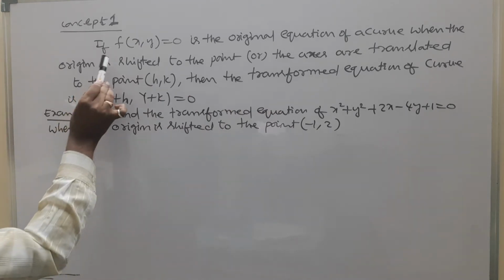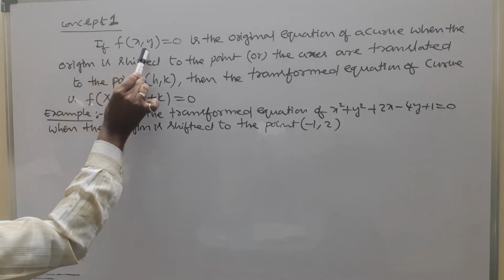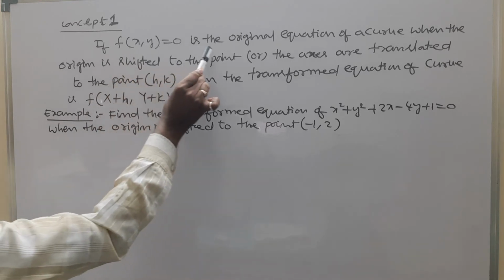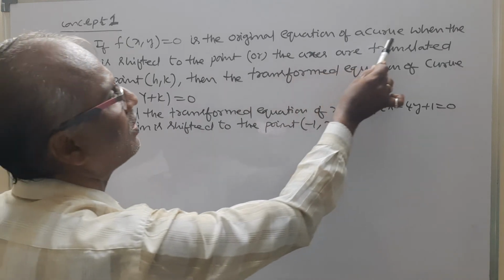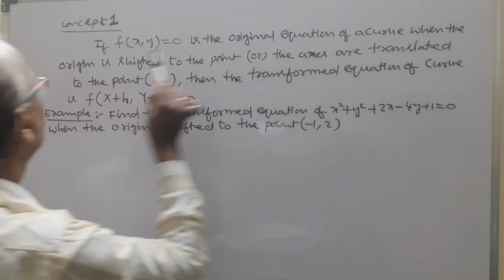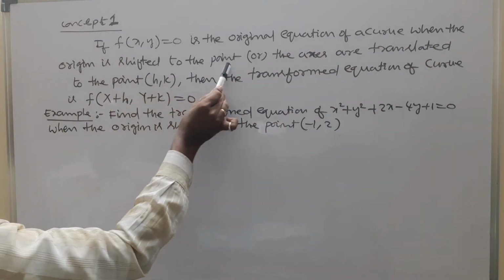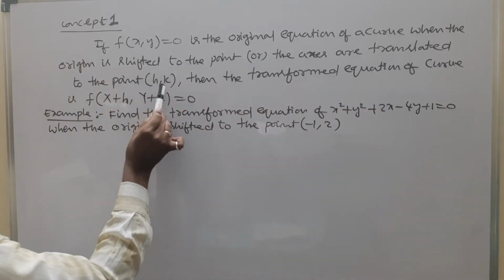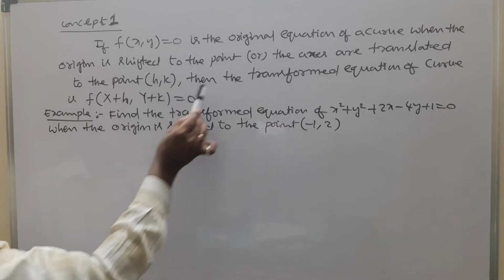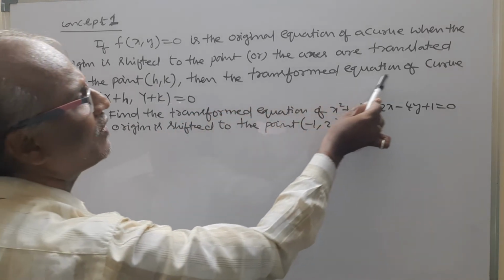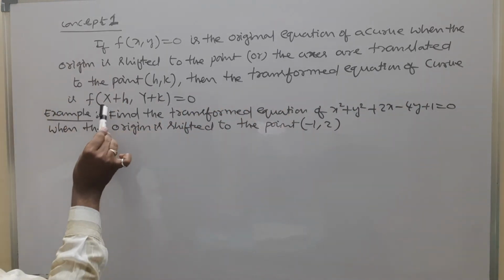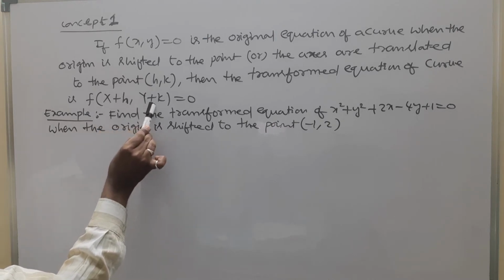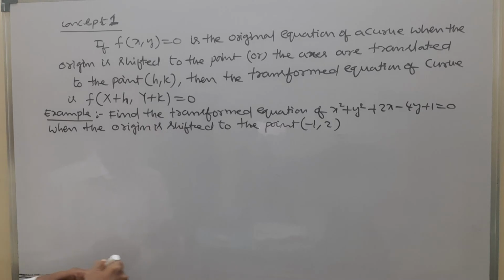Here is one concept: if f(x, y) = 0 is the original equation of a curve, when the origin is shifted, or the axes are translated, to the point (h, k), then the transformed equation of the curve is f(X + h, Y + k) = 0.